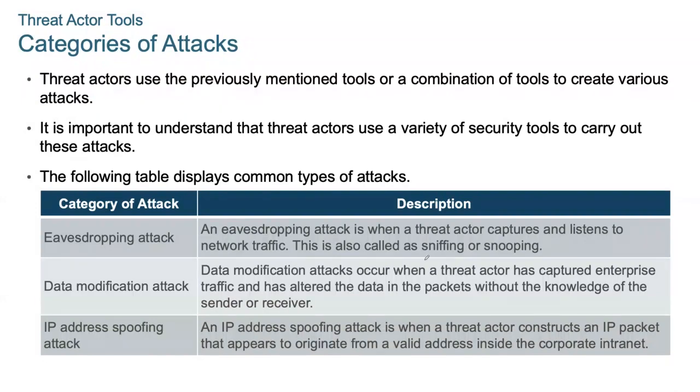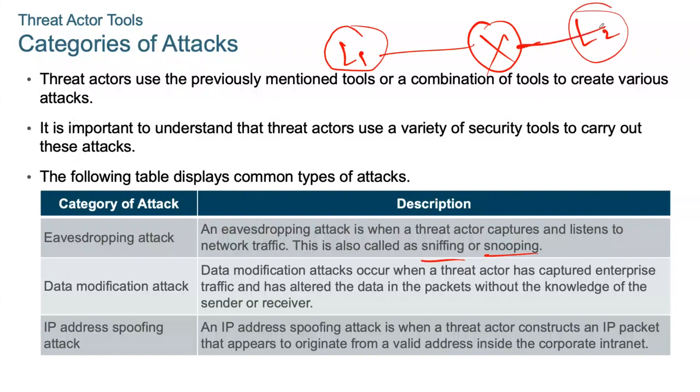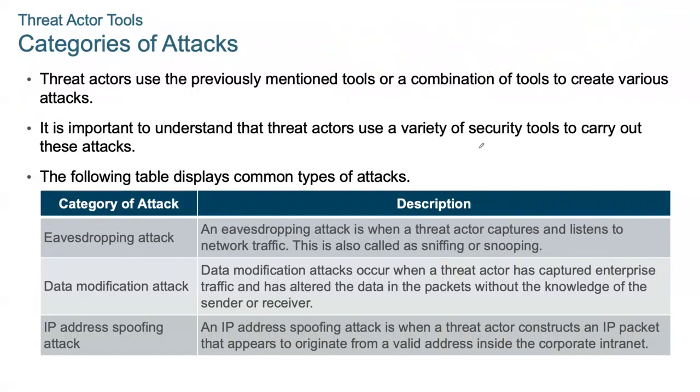Suppose this is LAN 1 and this is LAN 2. When traffic is going on, the threat actor is trying to sniff what type of traffic is going on between the two sides, and based on that they try to gain some information, and later that information will be used.